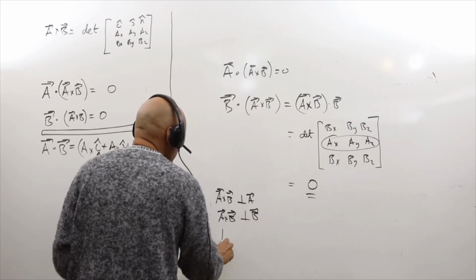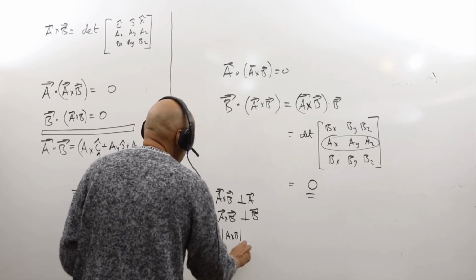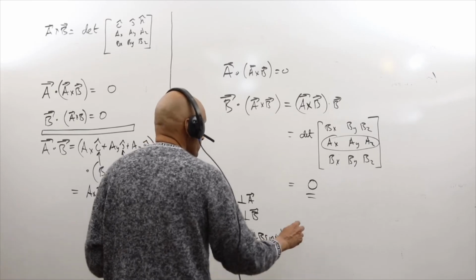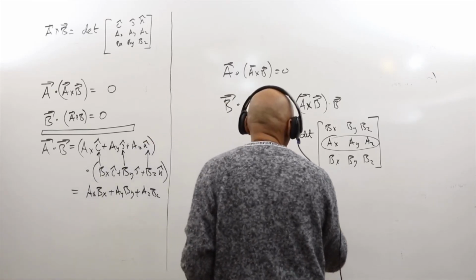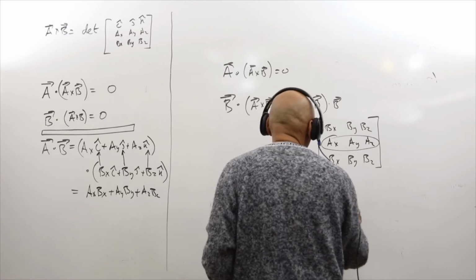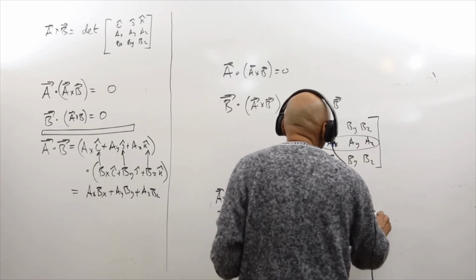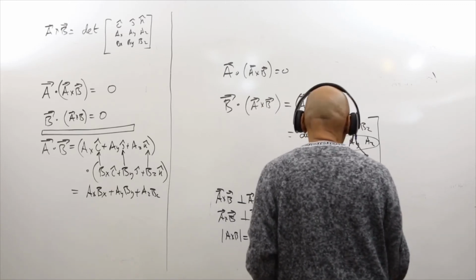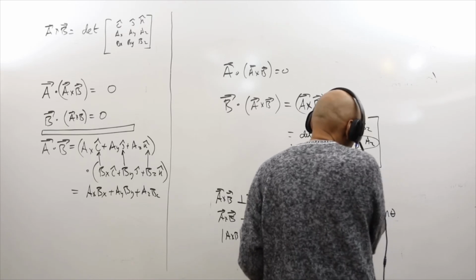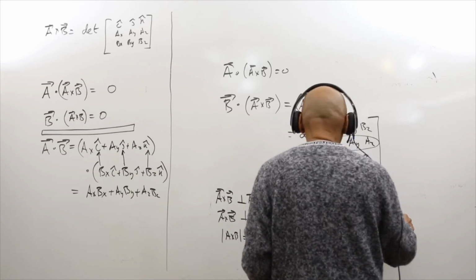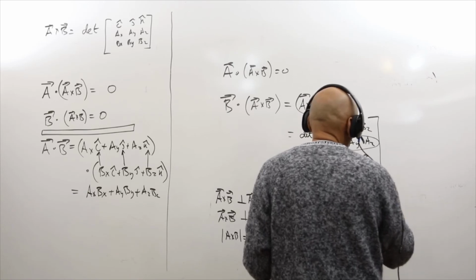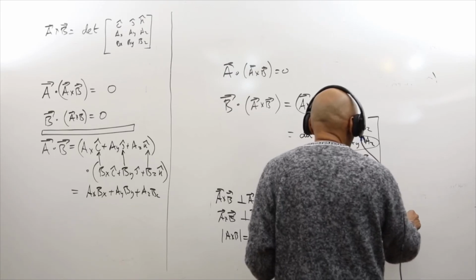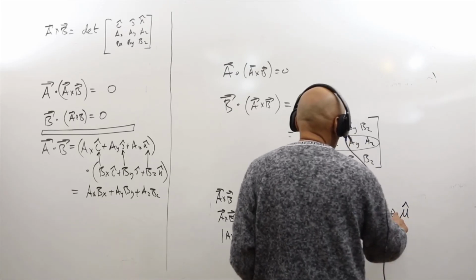We also know that the magnitude of a cross b is equal to the magnitude of a times b times sine of theta. And so we can put these together and say that the cross product of a and b is nothing more than the magnitude of a b sine theta, assuming theta is between minus pi over 2 and pi over 2, 90 degrees, so it's positive all the time, times the unit vector u, and that u vector is perpendicular.